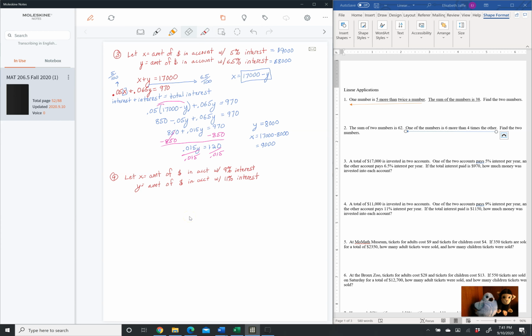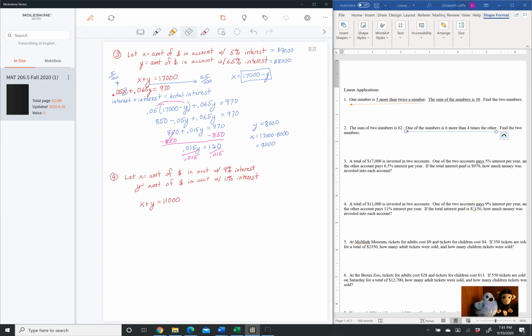Okay, so we have the same thing, right? We have the total invested. So this says a total of 11,000 is invested. So we have X plus Y is equal to 11,000. Then we have interest. So remember, interest plus interest equals interest.